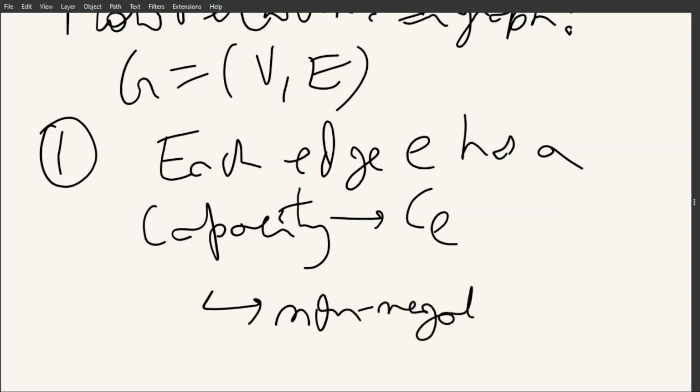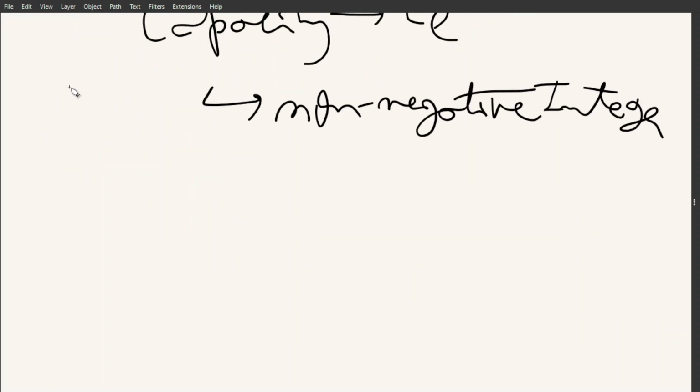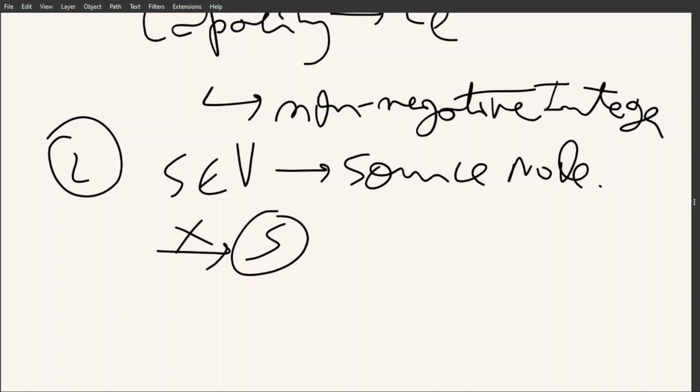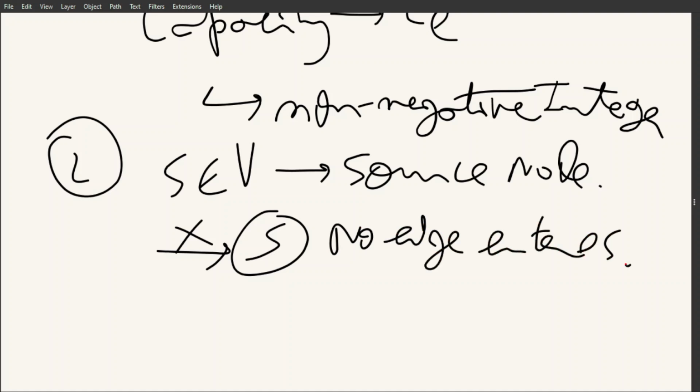Non-negative integer. Second, we have a source, s in V. This is a source node. So property of the source node is no edge enters. So just in the diagram format, this is not allowed. No edge enters s.